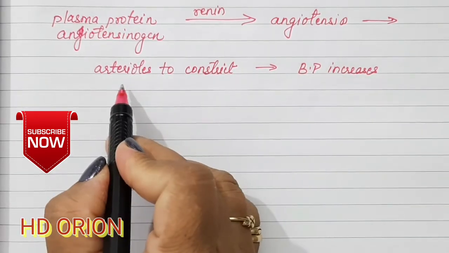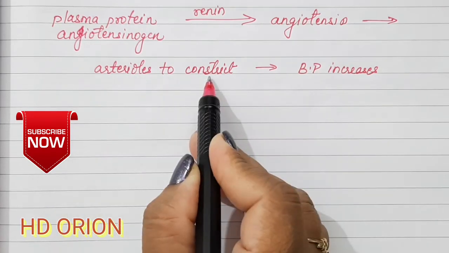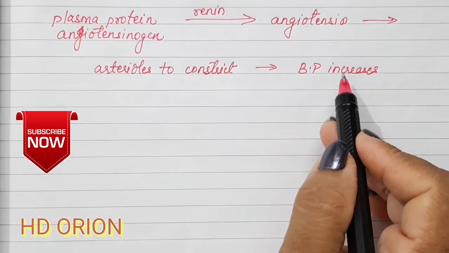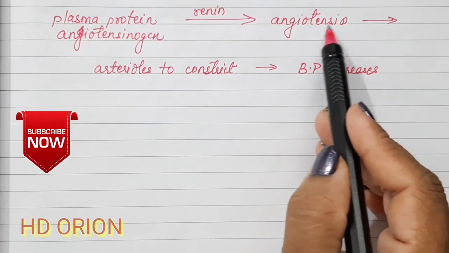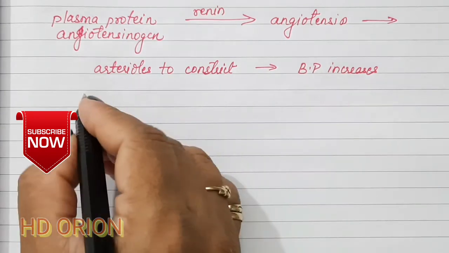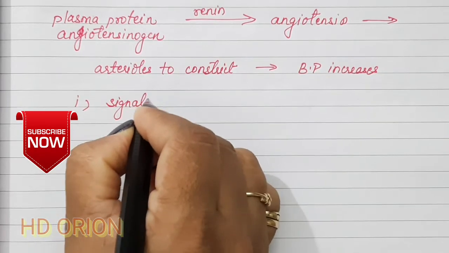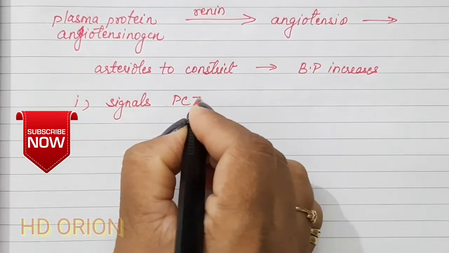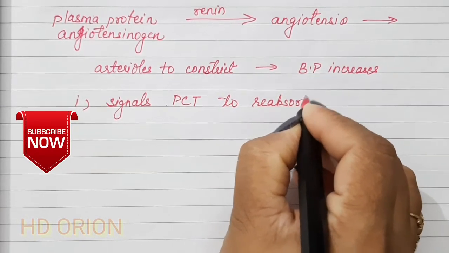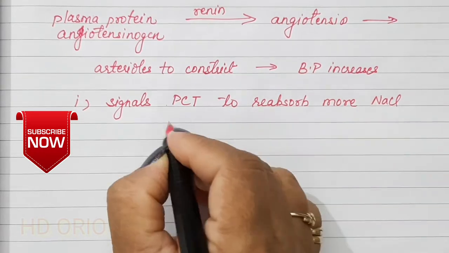When the arterioles dilate, the blood pressure becomes low, but when they tighten and become constricted, the blood pressure increases. The angiotensin increases the blood pressure by two means. The first means is that it signals the PCT, the proximal convoluted tubule, to reabsorb more NaCl and water.